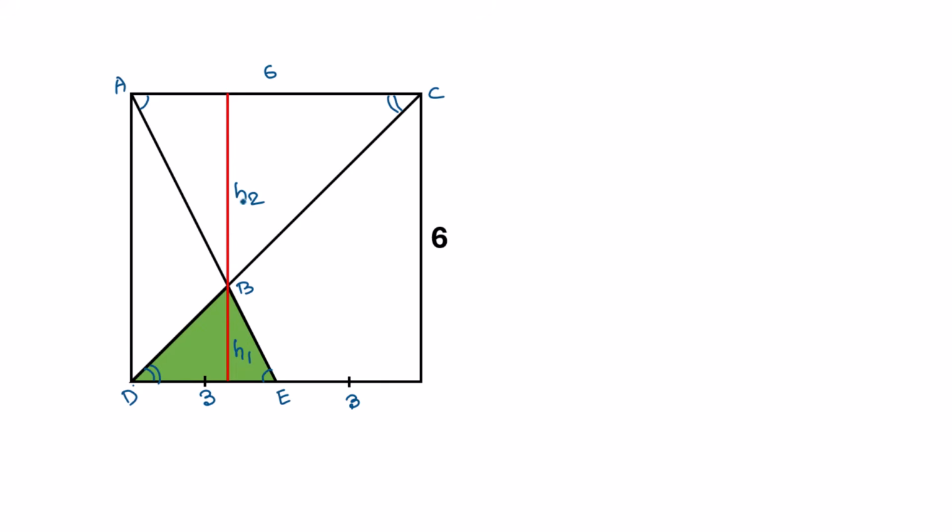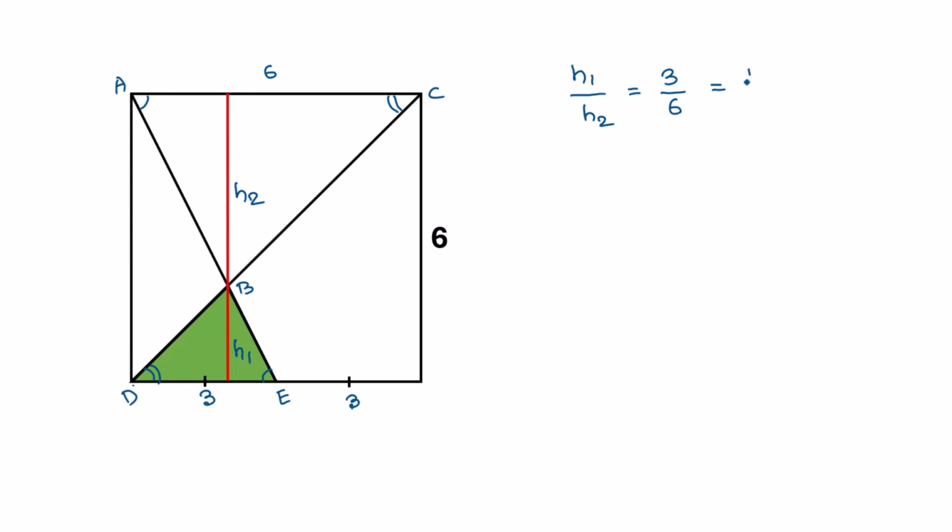And for these similar triangles, the ratio of height of these two triangles is 1 divided by 2. This length divided by this length is equal to this side DE, which is 3, divided by this side AC, which is 6, is equal to 3 over 6.